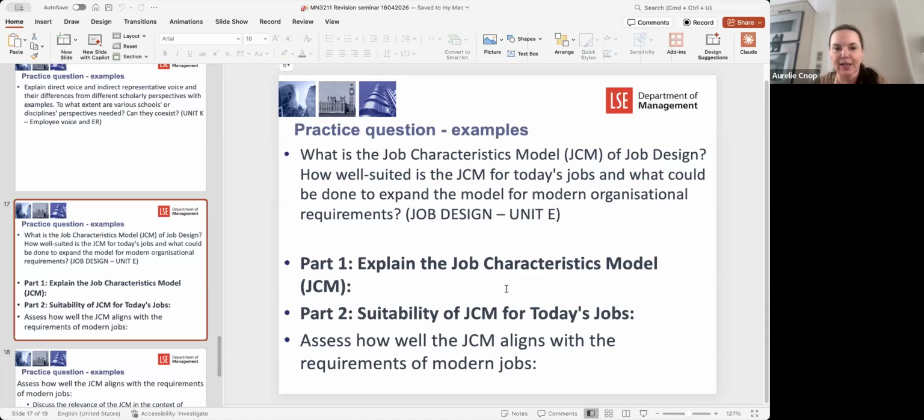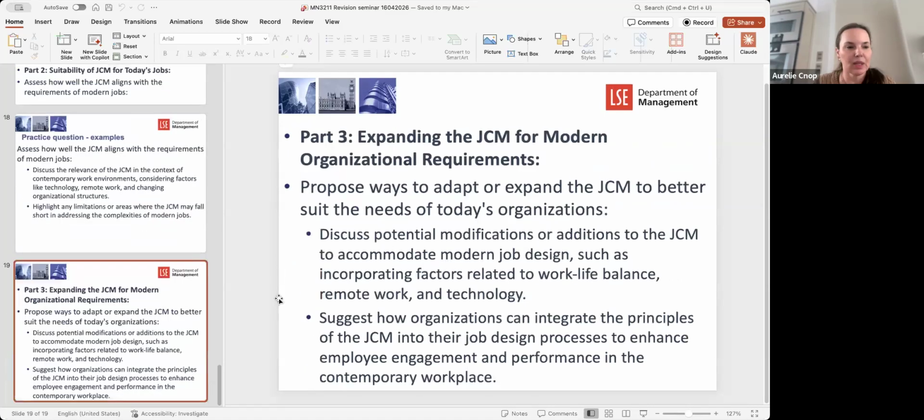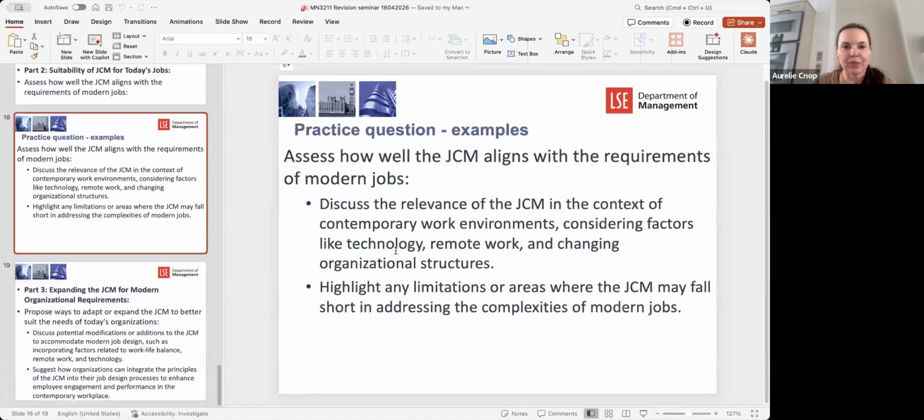So first part, explain the JCM. That's quite straightforward. You can bring a definition that you already know, or a definition in your own words. You explain what the JCM is about. Then suitability. Assess how well the JCM aligns with the requirements, and discuss the relevance of this model in the context of today's work.